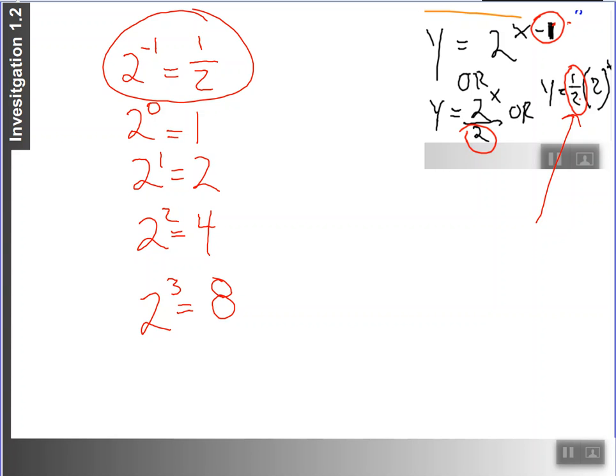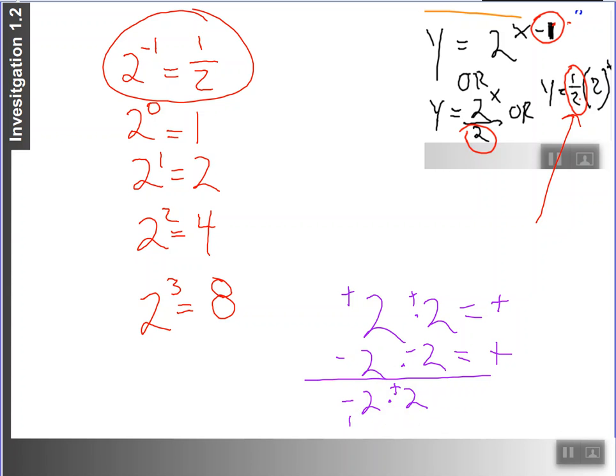And so here is the deal. I'll start with this. So let's say we have 2 times 2. 2 times 2 is a positive times a positive, right? And a positive times a positive is a positive. Now, let's switch that. If I have a negative times a negative, I'll get a positive. For me to get a negative, I have to have a negative times a positive, or I have to have a positive times a negative. That is the only way that I can multiply things together to get a negative.